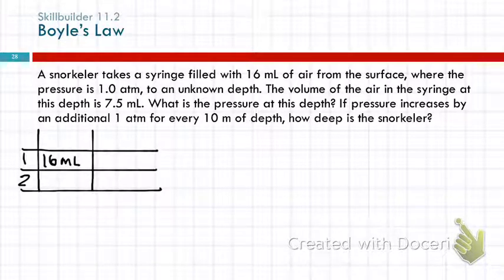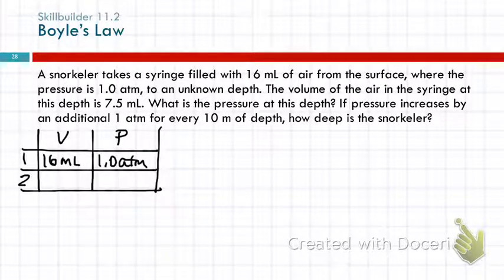Milliliter is a unit of what? Volume. So I'm going to call this column volume. Where the pressure is 1 atmosphere, so 1.0 atmospheres, and that's a pressure, so I'm going to call that column pressure.